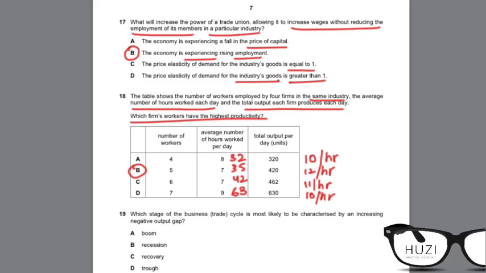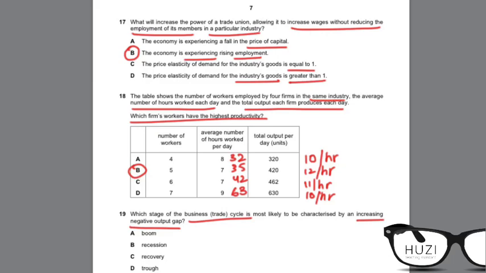Okay, question number 19. Which stage of business cycle is most likely to be characterized by an increasing negative output gap? A negative output gap. So firstly it says that the output gap is increasing.